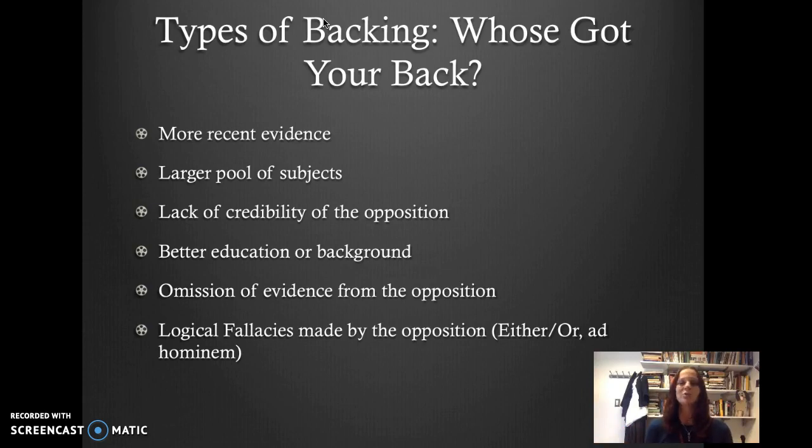If they use logical fallacies, these are lapses in logic, such as attacking people instead of the argument, or saying it has to be this or this, rather than saying it could be neither or both. Those are all logical fallacies. There are many of those, and we want to avoid those but point them out in our opposition.